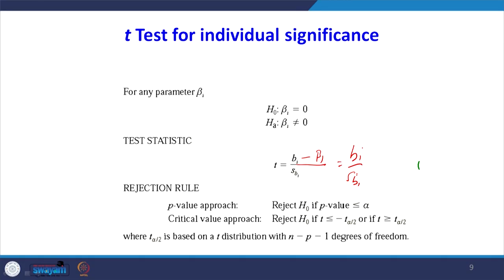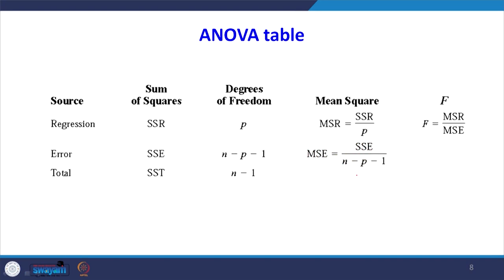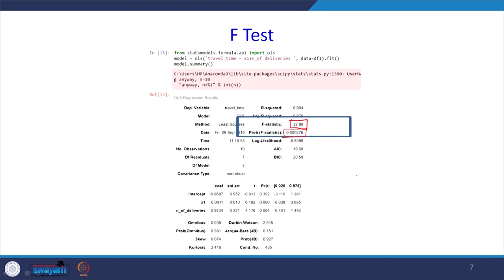This sbi for the ith independent variable is the standard error. When I go back, you see this. The standard error for x1 is 0.010. The standard error for the second independent variable is 0.0221.